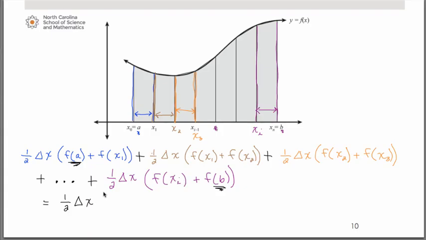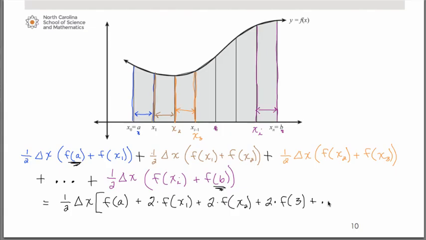So the way in which we could summarize this is we have to multiply 1/2 delta x by f of a, but then really what we have is 2 times each of these other lengths until we get to the very end, the very last trapezoid, and the bottom base of the very last trapezoid, where we have only f of b. So as I mentioned, except for f of a and f of b, everything inside is doubled.